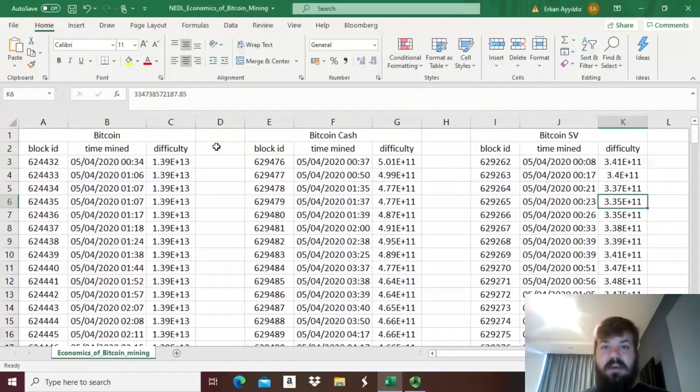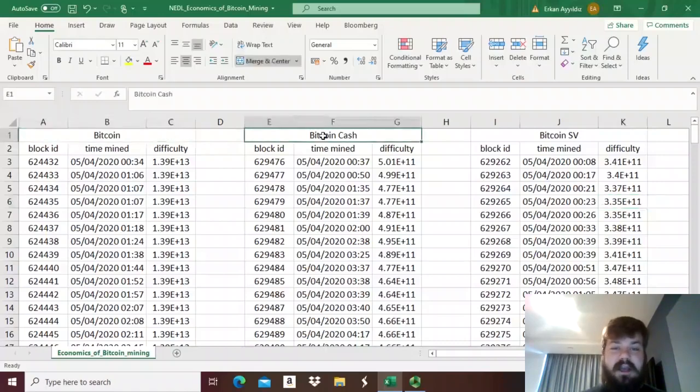Well, first, what I've done is I've downloaded block data for Bitcoin, Bitcoin Cash, and Bitcoin SV for the 5th of April. So those are all the blocks that have been mined on those three blockchains on the 5th of April 2020.